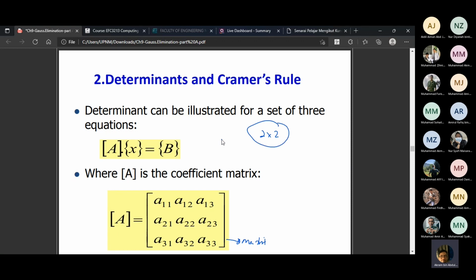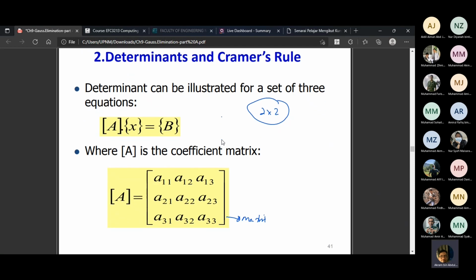So if we have a 3 by 3 matrix, how can we find the determinants for this matrix? Ini pun kamu dah belajar dulu. Ingat tak, ambil satu kan, pegang satu, lepas tu ambil A satu-satu, darab dengan determinants bagi ini, potong-potong, darab determinants bagi ini kan, A22, A23, A32, A33.